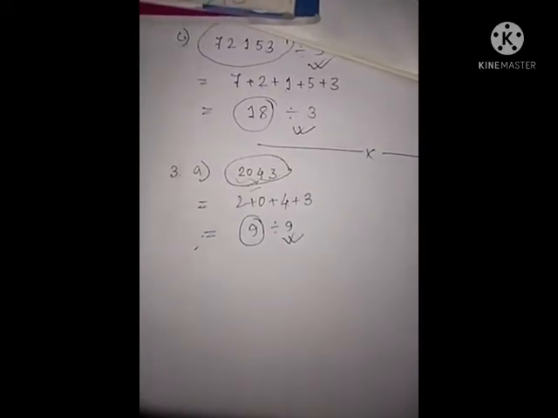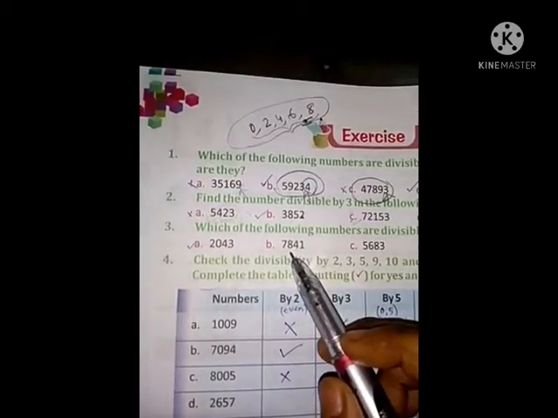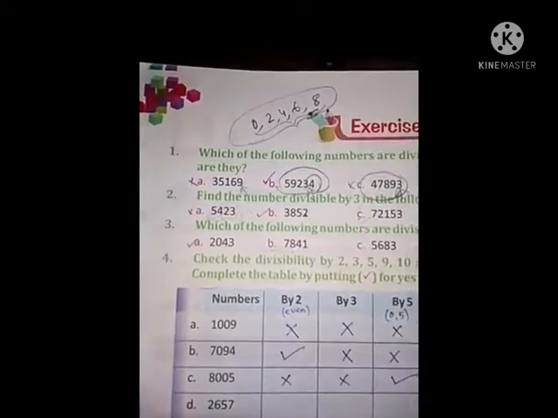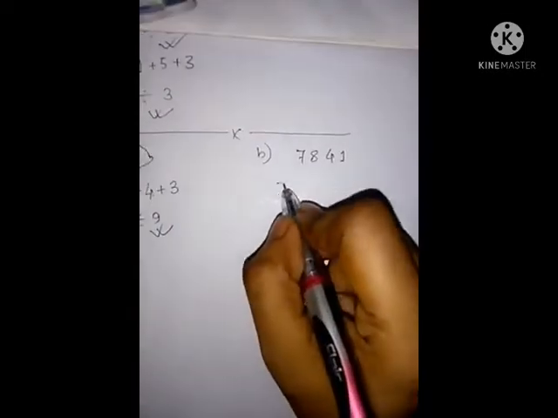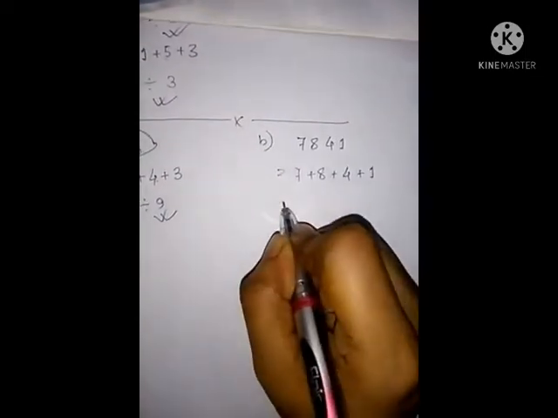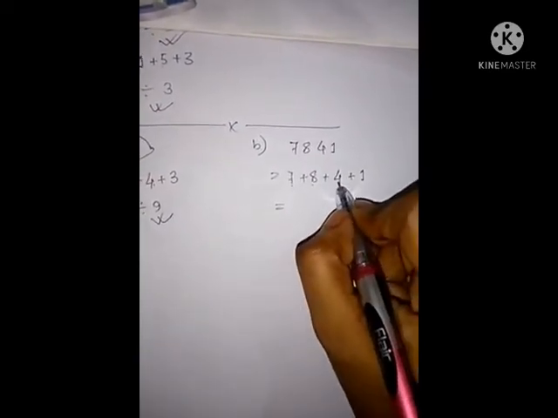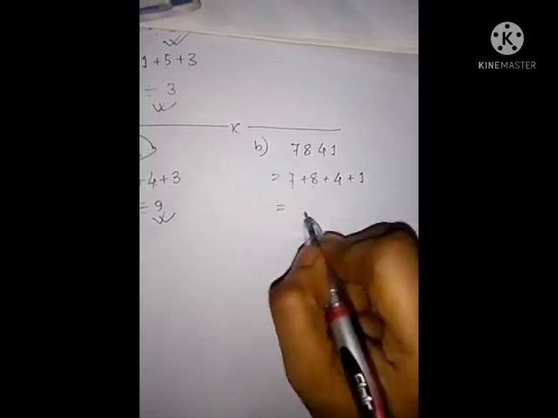Okay students, again see this example B. We are going to add all the digits. 7 plus 8 is 15. 15 plus 4 is 19, 20.